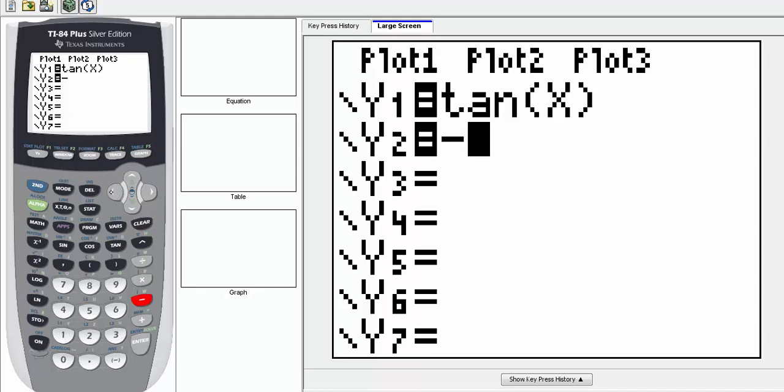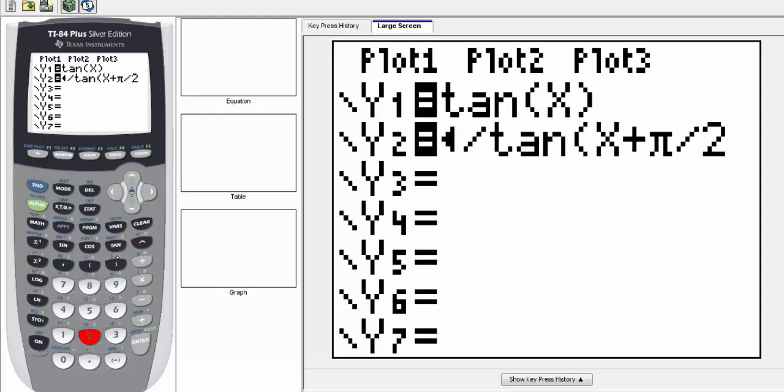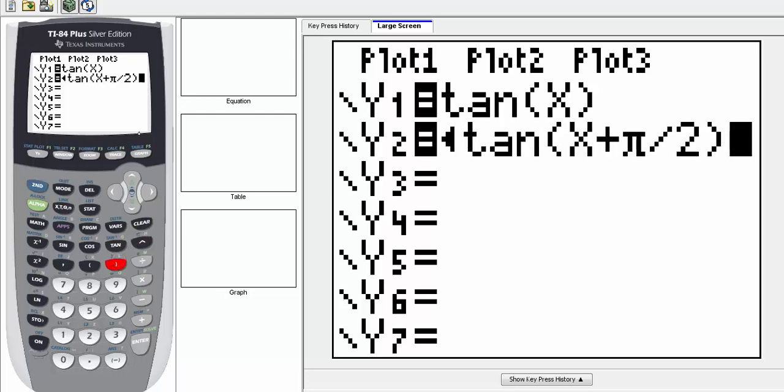Make sure when you type in the negative, use the negative key at the bottom. Don't use the subtraction key like I started to. And remember, we have the plus because it's going to be the opposite direction.